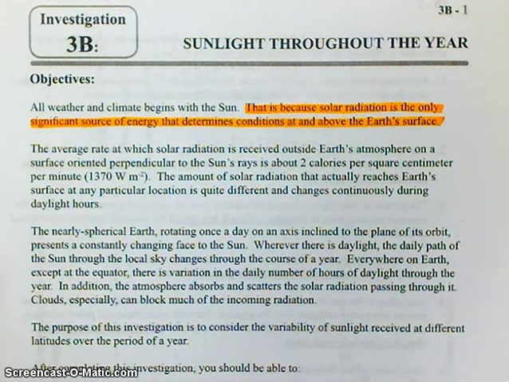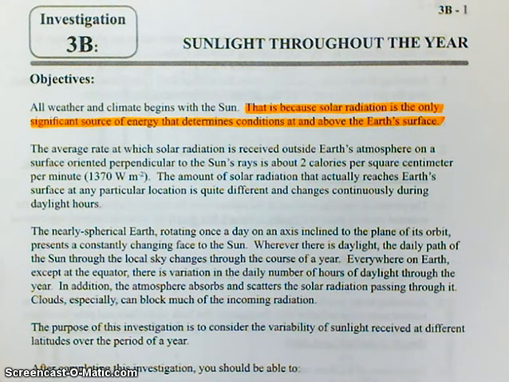And then it goes on to say the average rate at which solar radiation is received outside Earth's atmosphere on a surface oriented perpendicular to the sun's rays is about 2 calories per square centimeter per minute, or 1,370 watts per square meter.